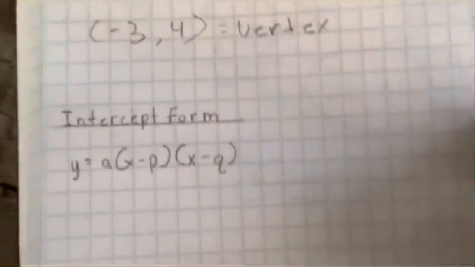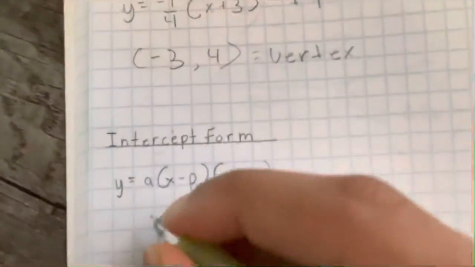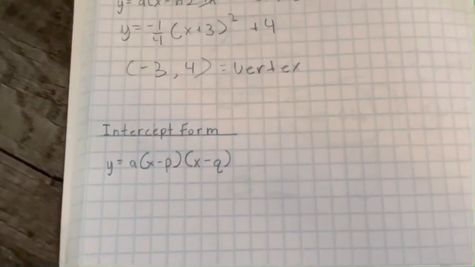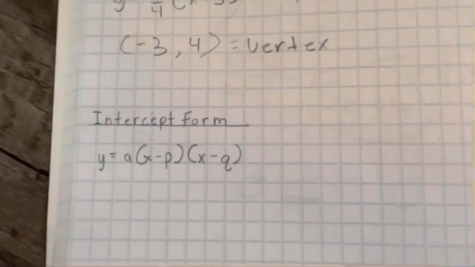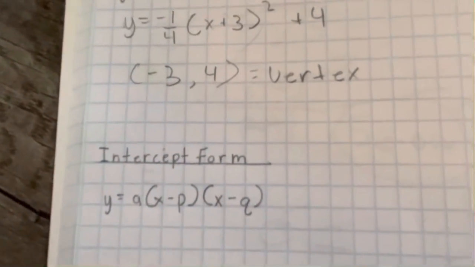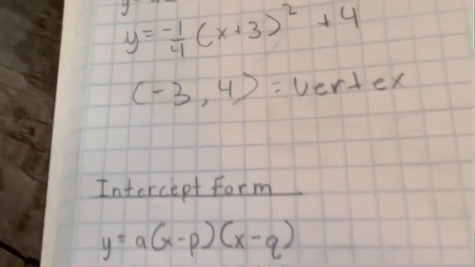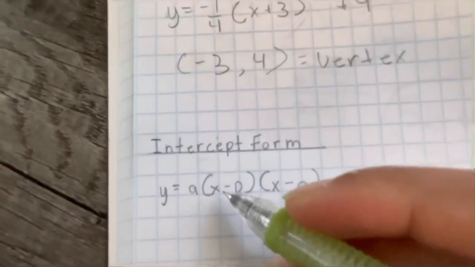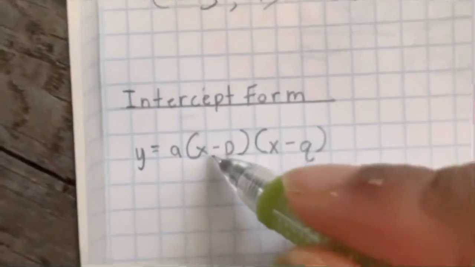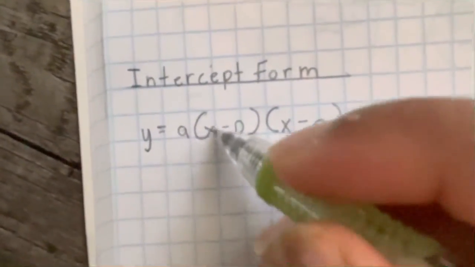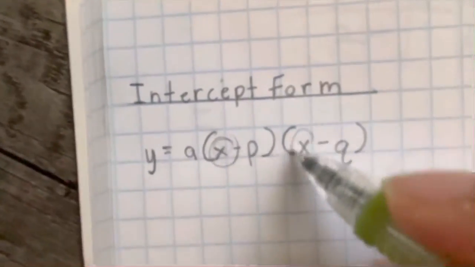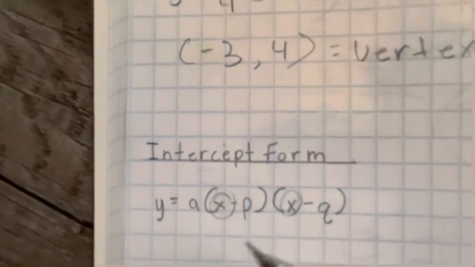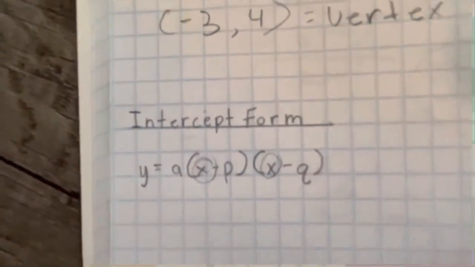Thinking back, the solutions for a parabolic function are the roots or the zeros, and the zeros are the x-intercepts. So whatever values for x we get here, we can say those are the zeros.